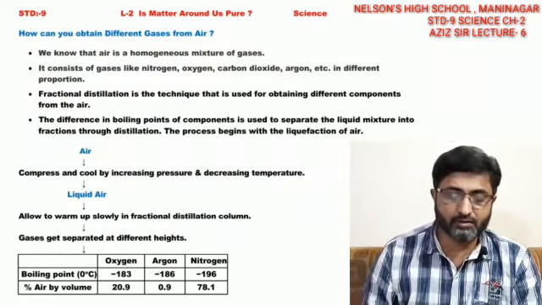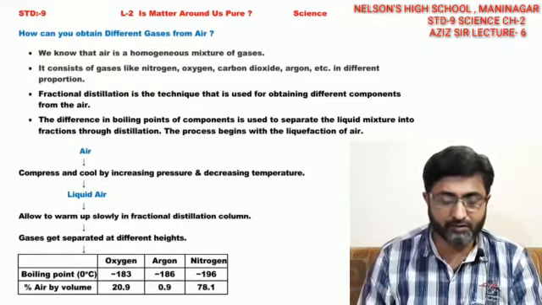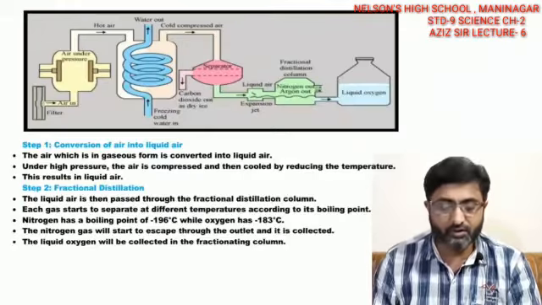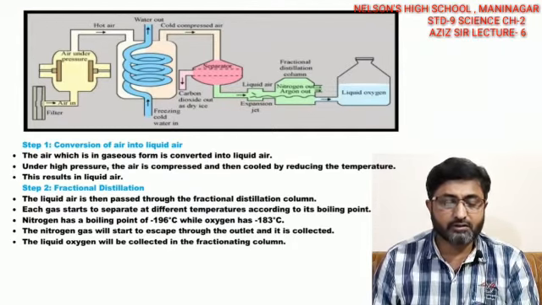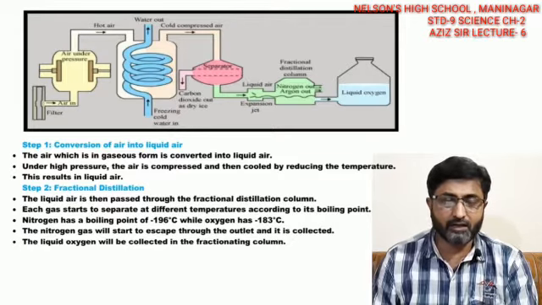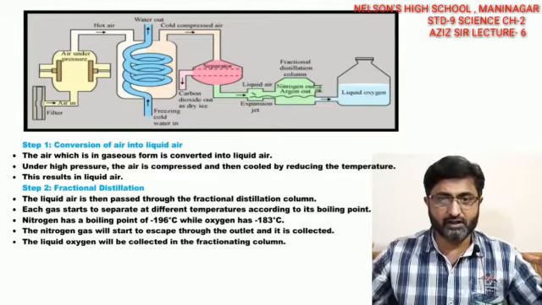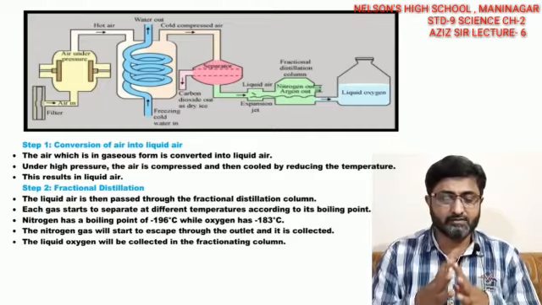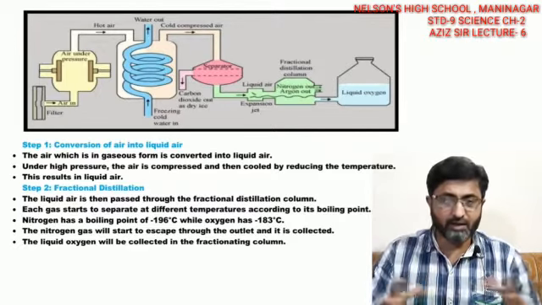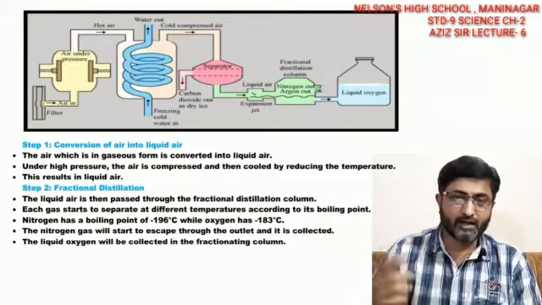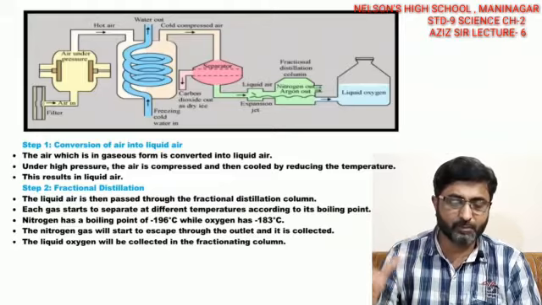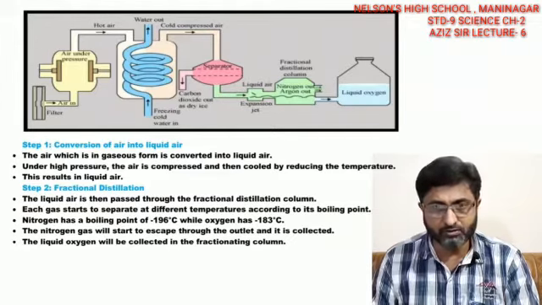The process begins with the liquefaction of the air. As you see in the diagram, first of all the air is compressed at high pressure, and then this hot air is passed through another chamber where the air passes on the outside, and in between there is a coil where water is passing, which cools the components of the hot air.